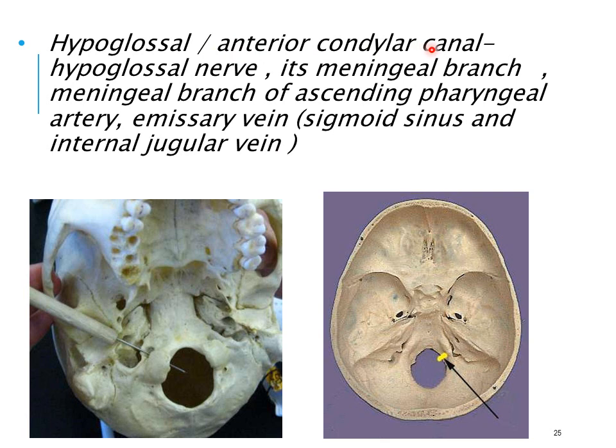The hypoglossal or anterior condylar canal, we can see here the hypoglossal nerve, its meningeal branch, and meningeal branch of ascending pharyngeal artery, emissary veins, they pass through this, and sometimes the sigmoid sinus and internal jugular vein. The internal jugular vein passes through jugular foramen, but through the hypoglossal canal, the hypoglossal nerve, its meningeal branch and meningeal branch of ascending pharyngeal artery pass.